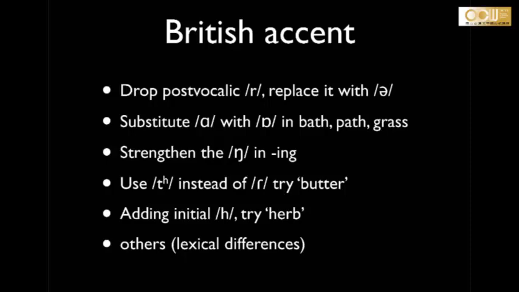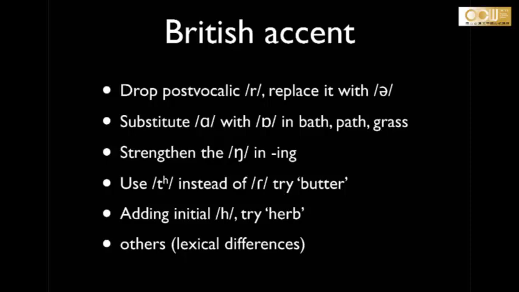But just notice that it's not a systematic change. It's not like changing all the a to ah. Some words have different pronunciations, and you just have to look it up in your pronunciation dictionary.